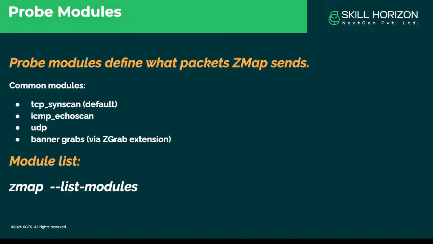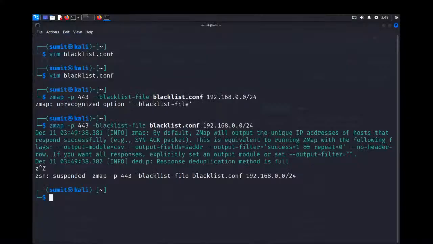If you want to list all the modules that come with Zmap, you can use this command, zmap --list-module. Using that command, Zmap will list all the modules available in the tool, and then you can use them. So let's see how this works.